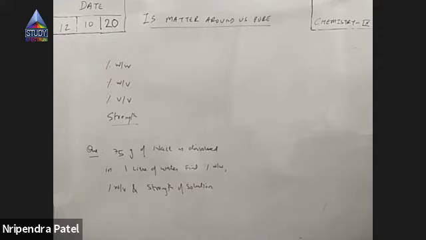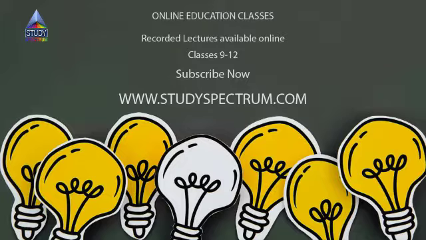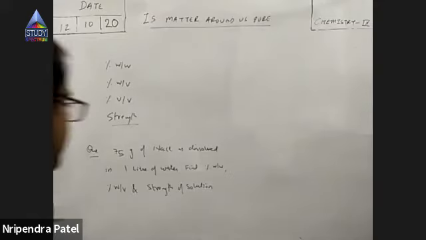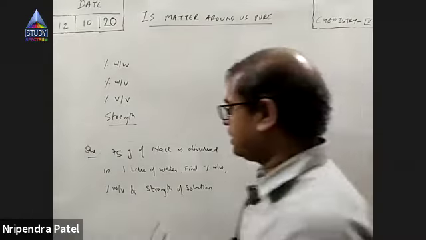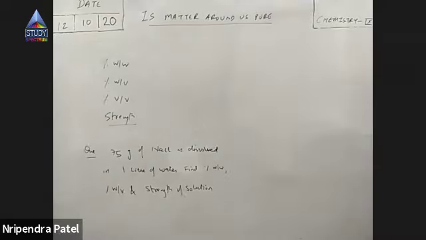Sir, 1000 milliliter. Mass, brother, mass I'm asking. 1 liter is 1000 milliliters, correct? But I want it in terms of mass. 1 liter of water weighs how much? No, density of water.